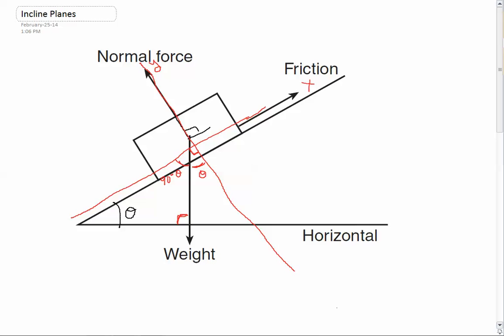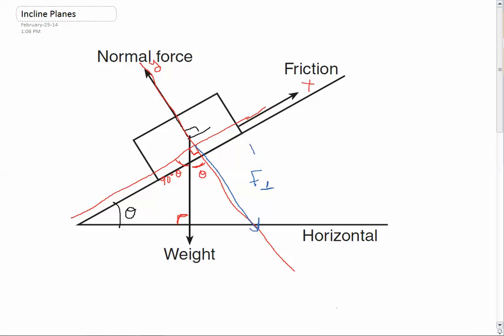So we have an angle of theta between the y-axis and the weight. And that's actually how we would calculate the magnitude of our normal force. Think of the normal force as equal and opposite to the component of the weight that's acting perpendicular to the plane. So we call this the force perpendicular.